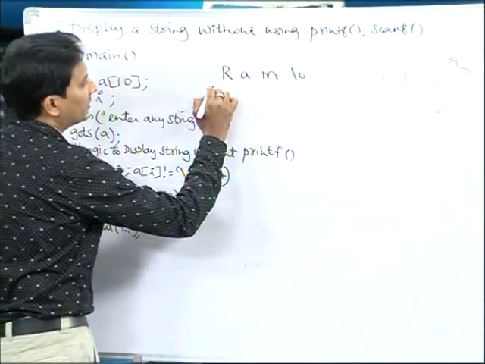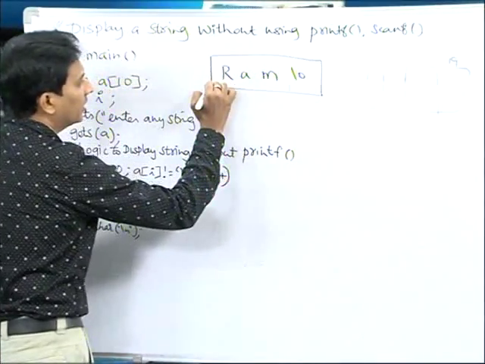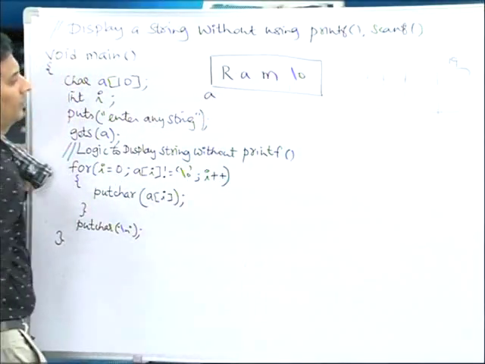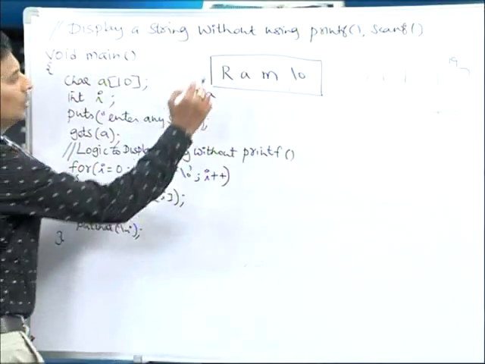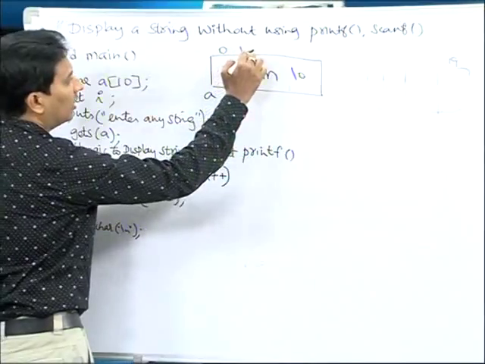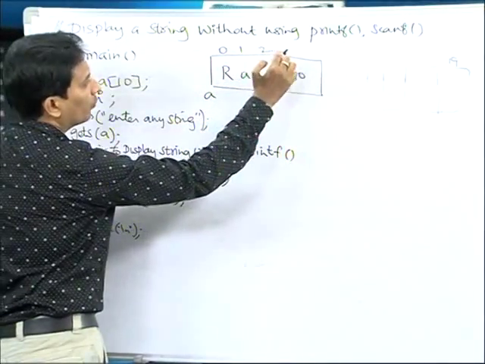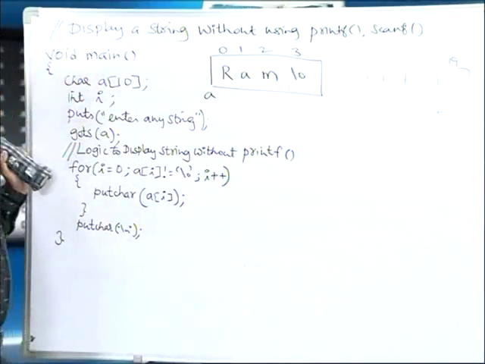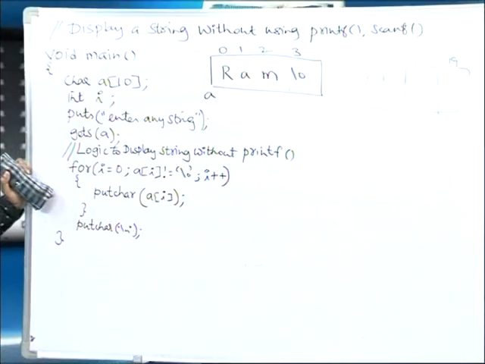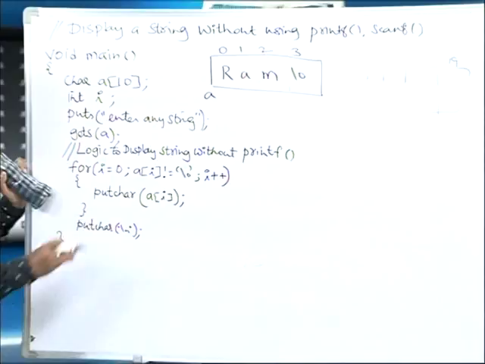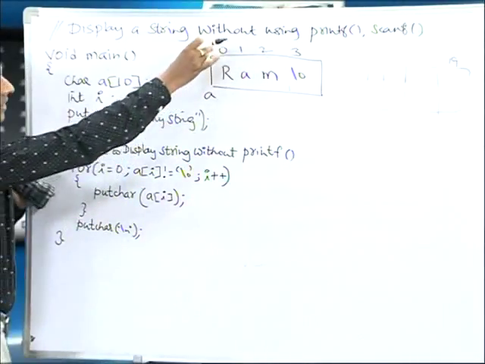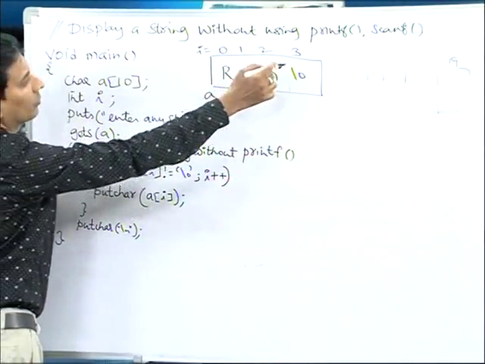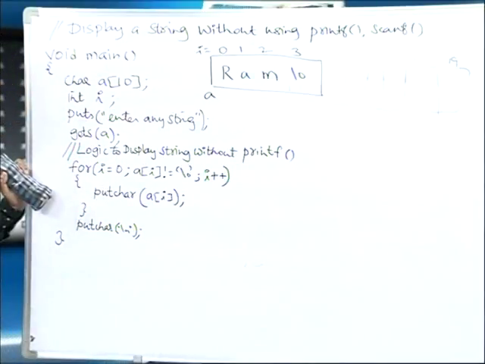The name of the string is A. The characters are at indexes 0, 1, 2, 3. This is the string. Now I want to display the string without using printf. So first, I starts from 0 to size minus 1.